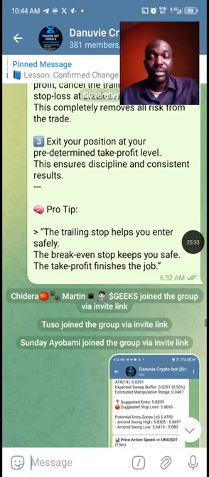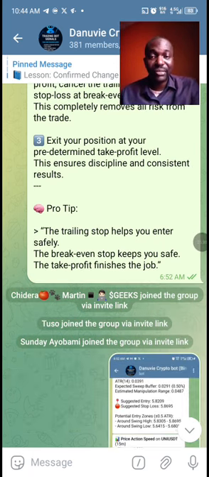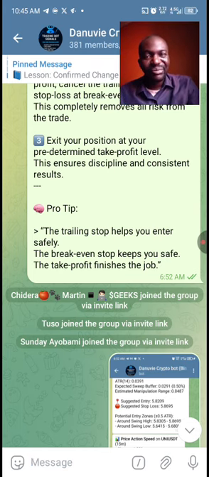So pro tip: the trailing stop helps you enter safely. The break even stop keeps you safe. The take profit finishes the job. So I'll say it again: the trailing stop helps you enter safely. For example, you enter the trade and you are unaware that manipulation might be happening.